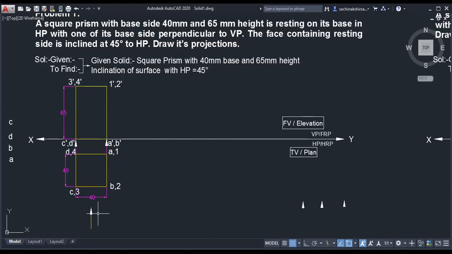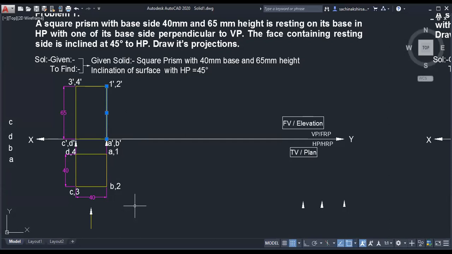Face means rectangular face or rectangular surface. A dash, B dash, 1 dash, 2 dash. Very good. A dash, B dash, 1 dash, 2 dash is this particular line which we are observing as a line in the front view. Actually, it is a face.